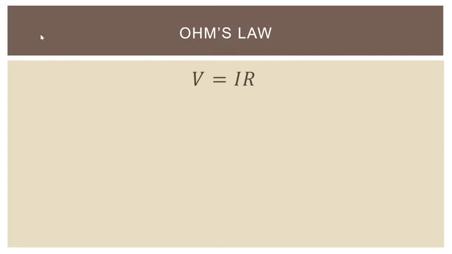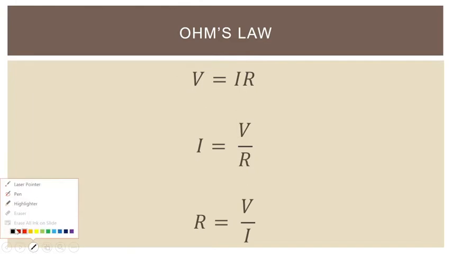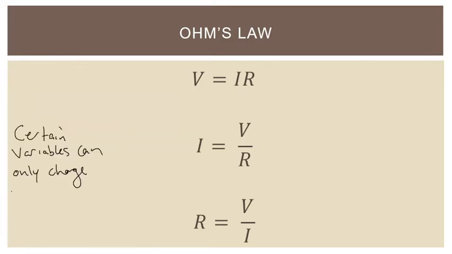And so Ohm's law is a perfect equation to kick this off for, because notice if we solve this equation for each of the variables, we get a different looking equation. And I think the main thing that we want to say here, which is going to inform us when we get to these acceleration due to gravity problems, is that certain variables can only change due to changes in other variables.